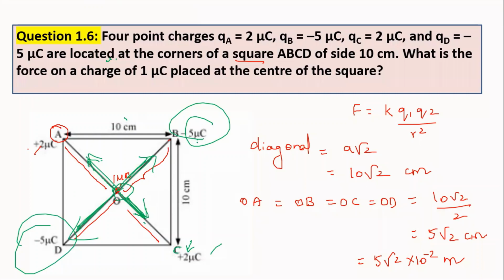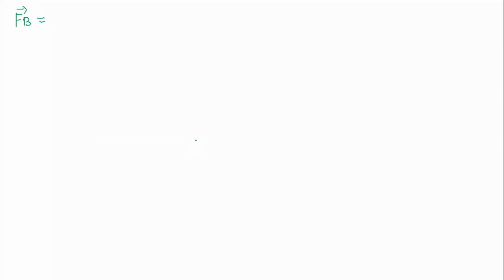Here minus 5 and plus 1 charges. 9 into 10 power 9 into minus 5 microcoulomb. It is enough to take only the magnitude because we are calculating only the force. So write 5 into 10 power minus 6 into 1 into 10 power minus 6.